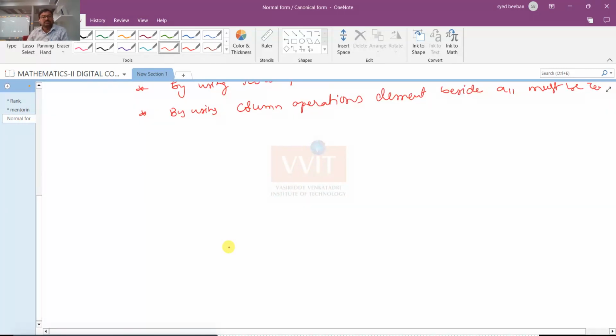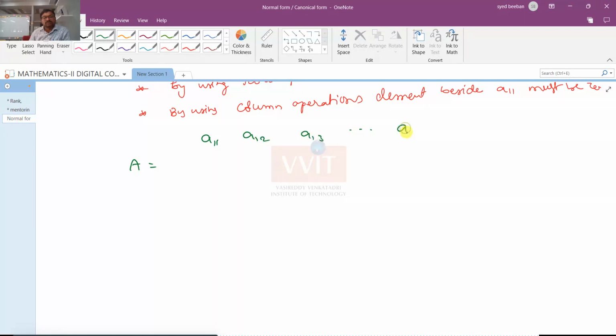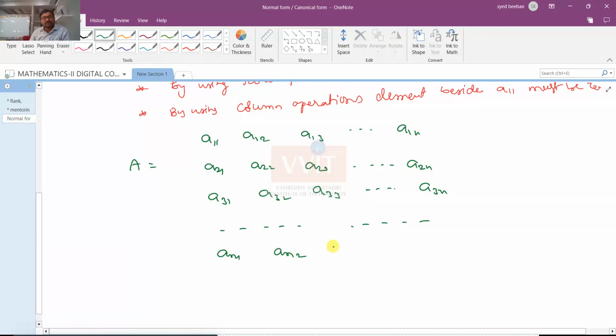Suppose A is a matrix with entries A11, A12, A13 and so on up to A1n, then A21, A22, A23 and so on up to A2n, A31, A32, A33 and so on up to A3n, and so on until AN1, AN2, AN3 and so on up to ANN.